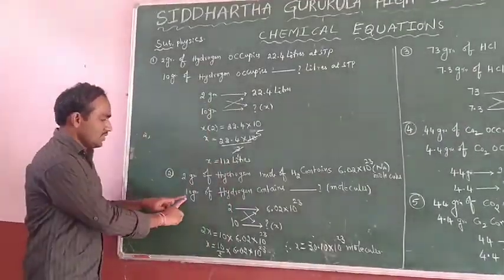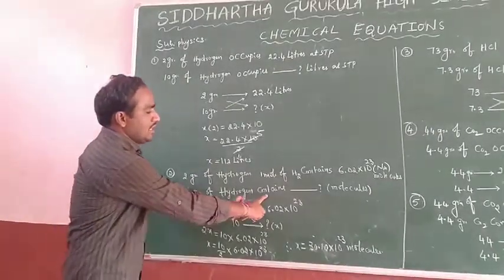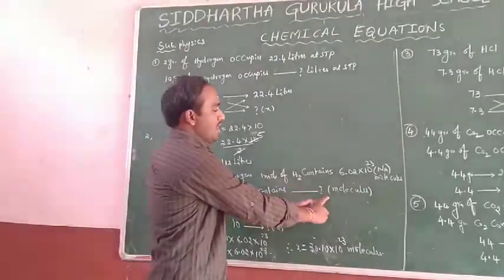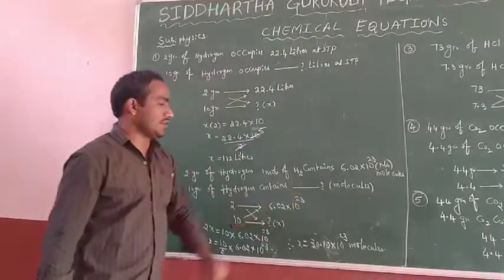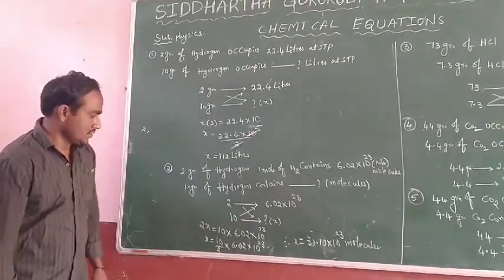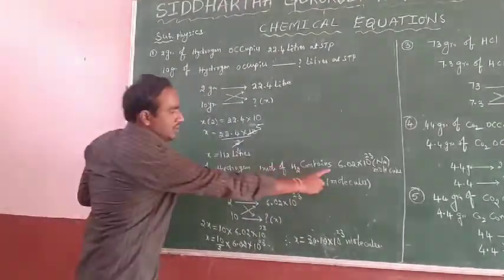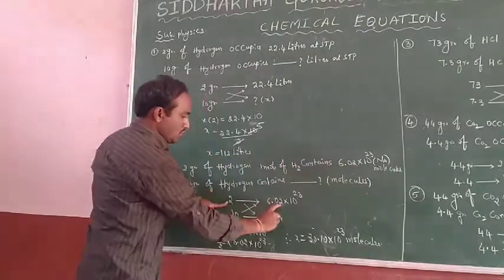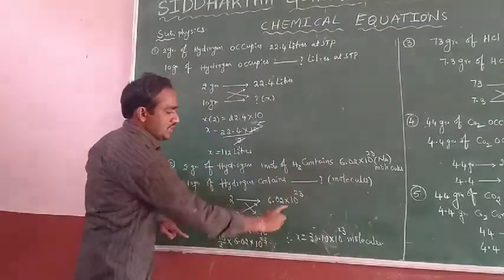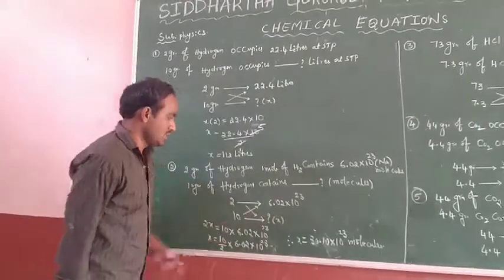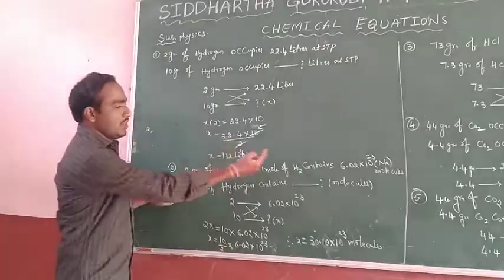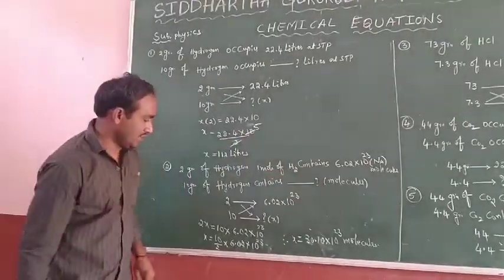See here, 10 grams of hydrogen contains how many molecules of hydrogen do we require? So here 2 grams contains 6.02 into 10 to the power of 23 molecules. Then for 10 grams, how many can we find?